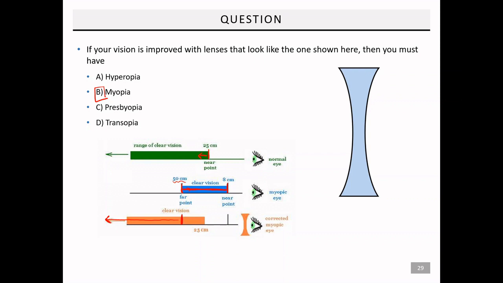Since it's pushing all of the images back, your near point also gets pushed back to roughly 25 centimeters. So with a diverging lens, your range of clear vision is the same as for a normal eye.